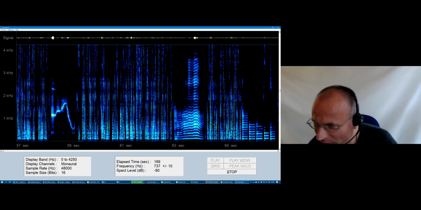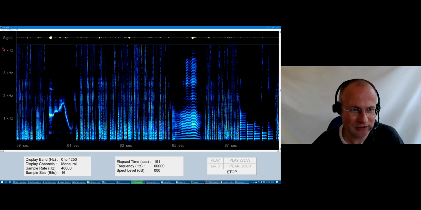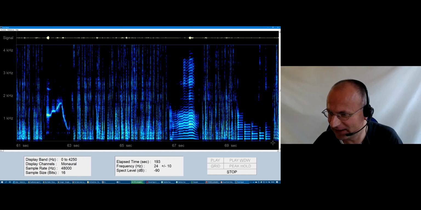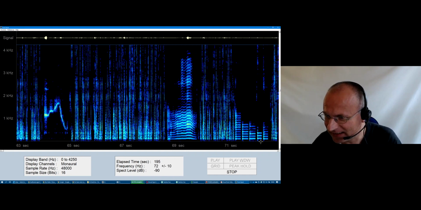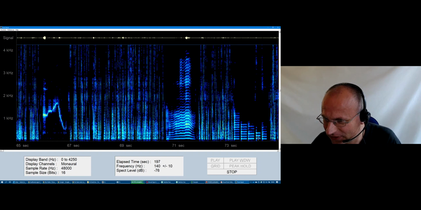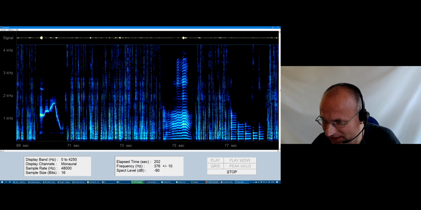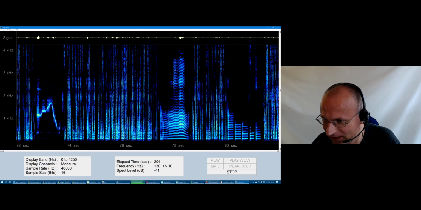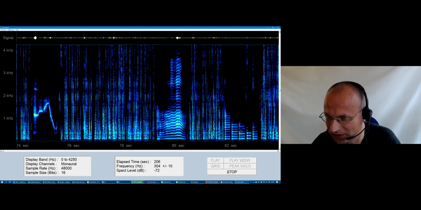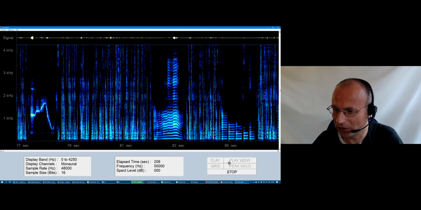Okay, I'm not quite sure. I should have maybe chosen a slightly different scale here, but the differences are a little bit harder to see than I expected. You can see that here the frequency is a little bit higher. You can see that the energy distribution is a little bit different.